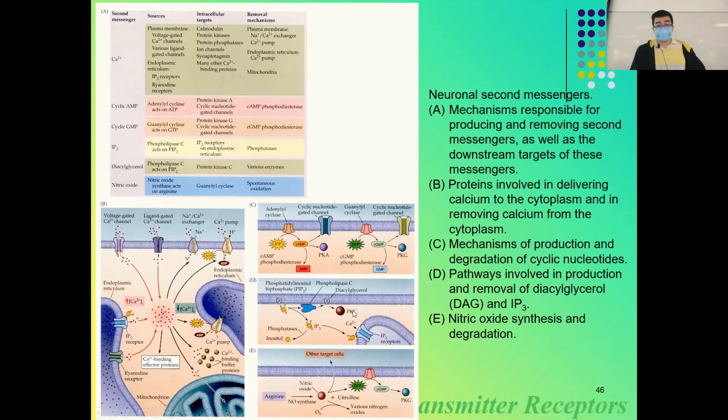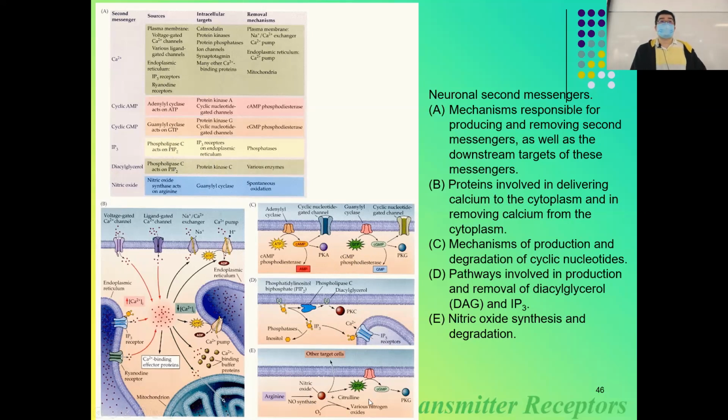Here is the example of this cyclic AMP signaling. This one is the phosphatidylinositol bisphosphate pathway. You generate the diacylglycerol and also the IP3 in the signaling. And another one is nitric oxide. Nitric oxide is actually important in neuronal signaling as well.